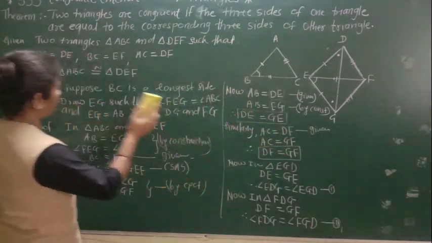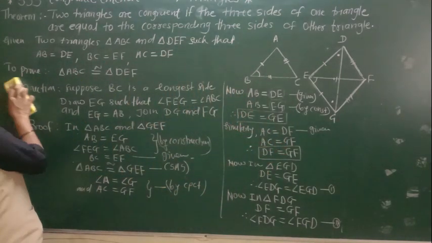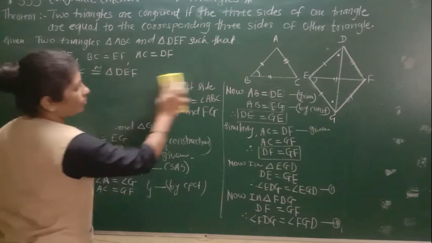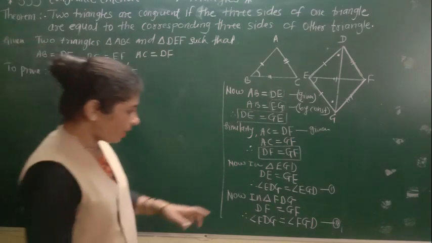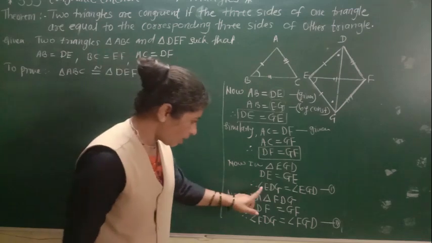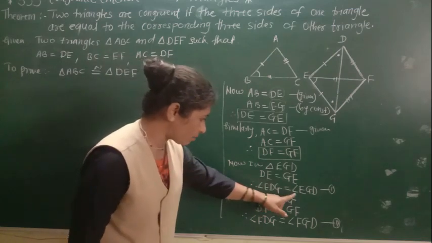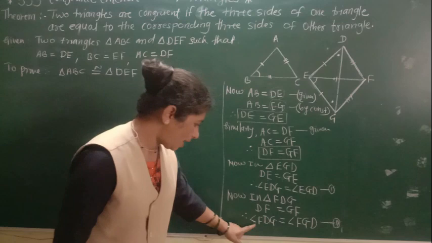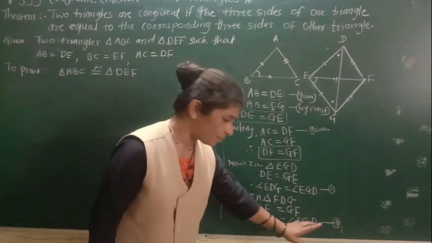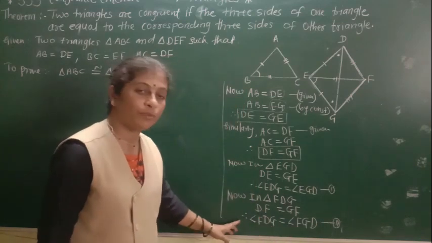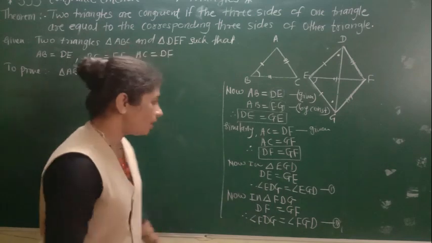Right, give me the next here. Okay, so now see here, we have got these two relations: angle EDG equals angle EGD and angle FDG equals angle FGD. So we will add left to left and right to right side.